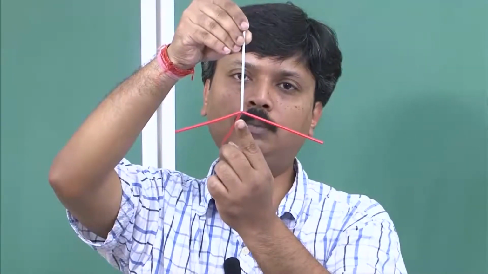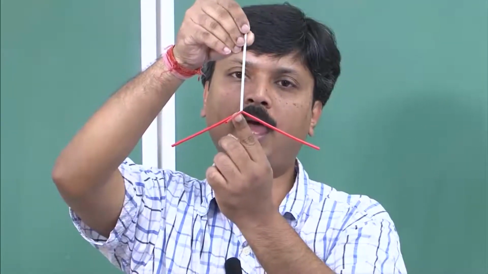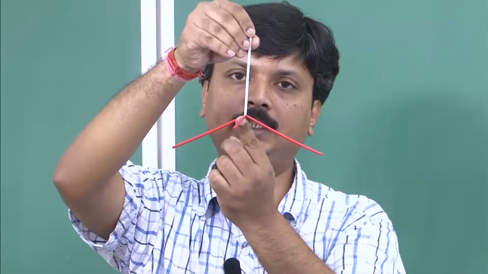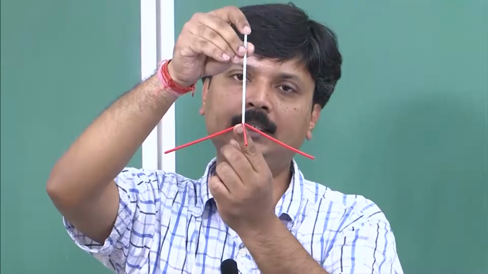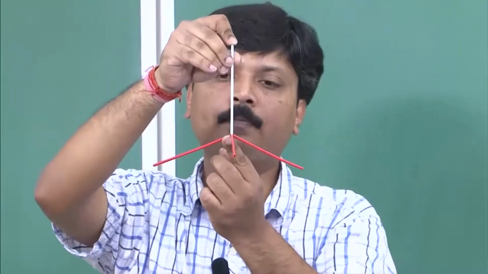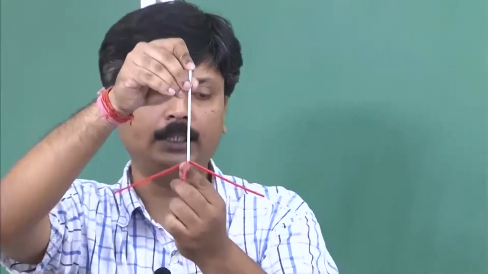If I operate once more, I end up with another indistinguishable structure of CHCl3. So this axis is known as the C3 axis, a proper axis of rotation, and C3 gives you back an indistinguishable structure of the original molecule.